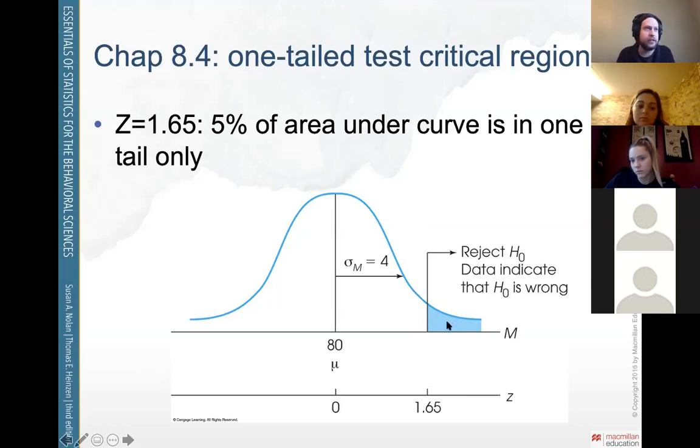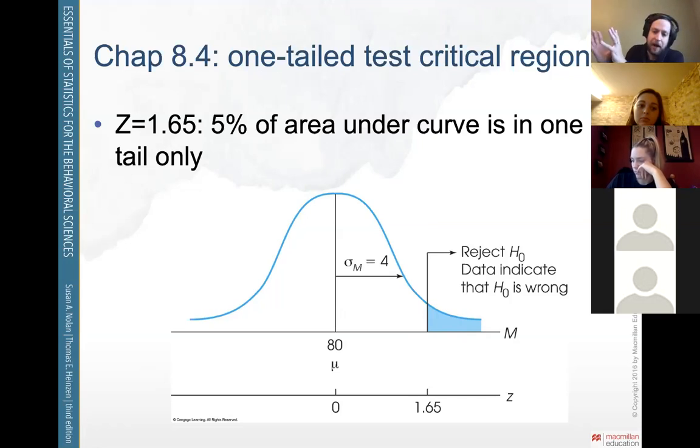So you would use this if you are really, really confident that the math drug could only improve performance on the test, that there's just no feasible way that the math drug could cause people's performance to decrease on the test. Then you basically ignore the possibility that the math drug could reduce scores on the test, and you put all 5% into one tail.